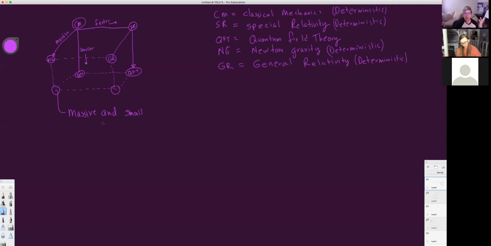And by massive, I mean like a solar mass. Any ideas? You said massive as in a solar mass? Yeah, well, as in like a solar mass.